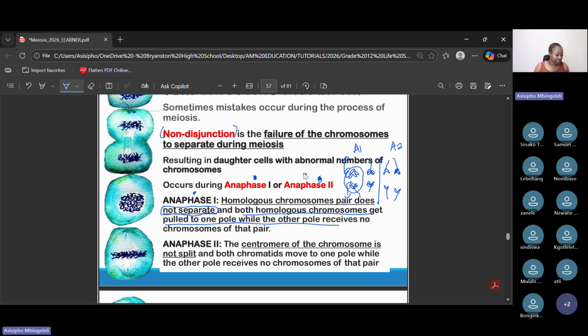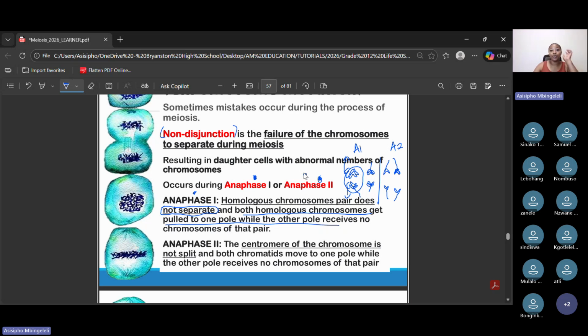What has been the difference here? In anaphase 1, it will be the whole pair not separating. Then in anaphase 2, it will be the whole chromosome not being split, meaning the centromere is not split, and then the chromosome only moves to one side of the pole. The other pole does not receive a chromosome of that pair.